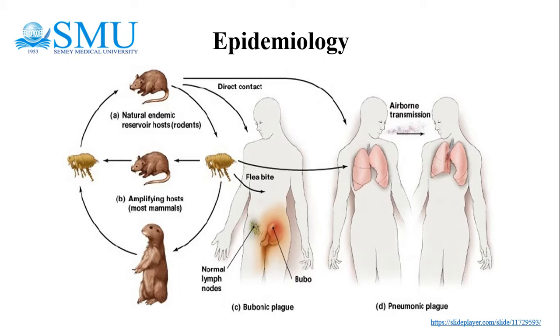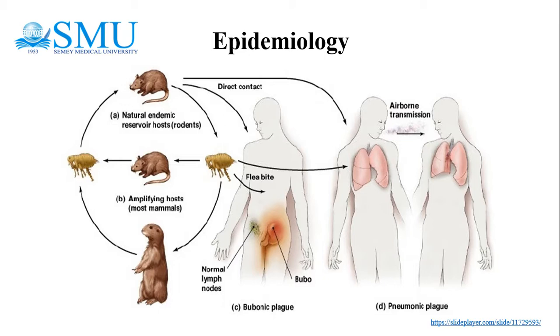Plague exists in two natural cycles: the domestic cycle and the wild cycle. The domestic cycle occurs between humans, rat fleas, and rodents, and the wild cycle occurs in nature among wild rodents, independent of human beings.